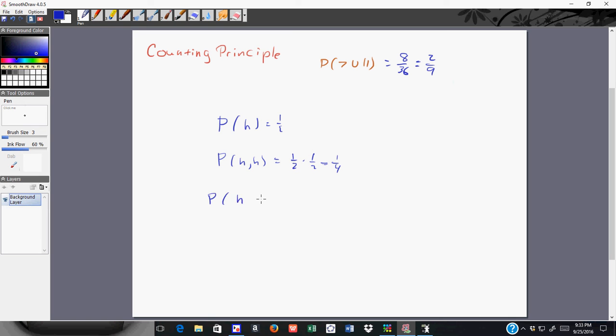Probability of getting a head 6 times in a row would be 1 half times 1 half times 1 half times 1 half times 1 half times 1 half, which is really 1 over 2 to the power of 6. Just something that you should keep in mind.